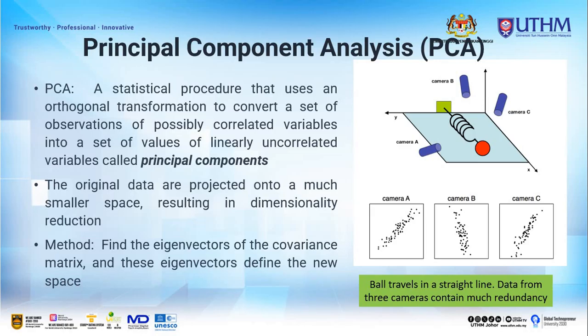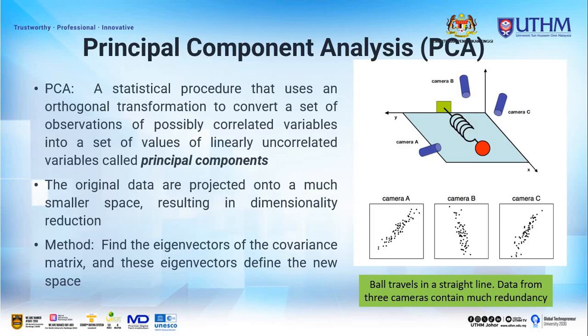The 3D diagram you can see on the slide shows a ball traveling in a straight line. It is captured by 3 different cameras, A, B, and C. The data from all 3 cameras contain redundancy because the ball's movement is essentially one-dimensional, a straight line, but the cameras capture it in a higher dimensional space.